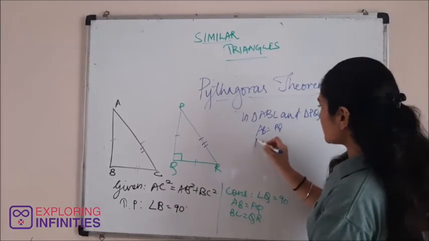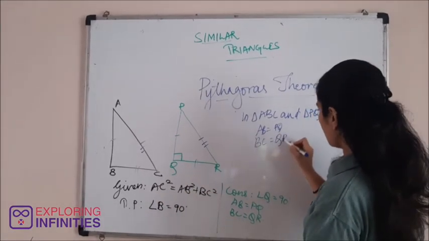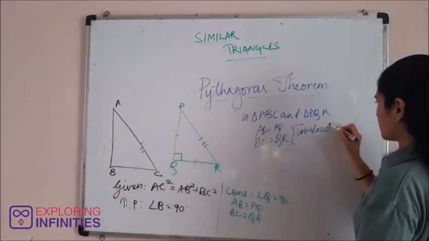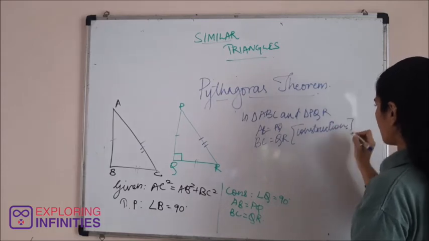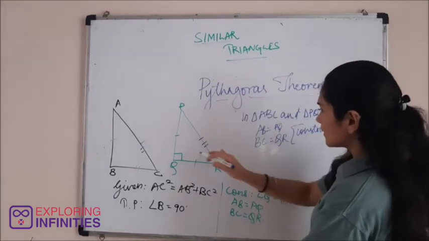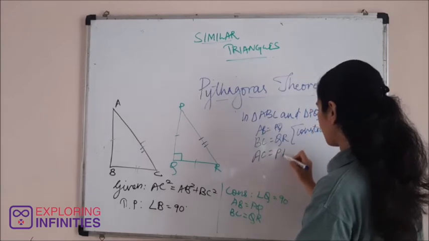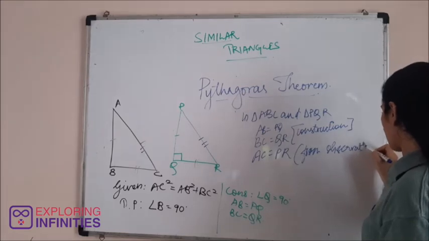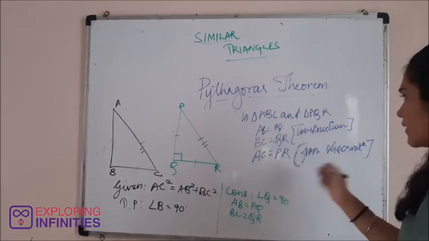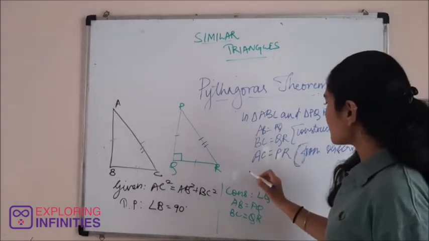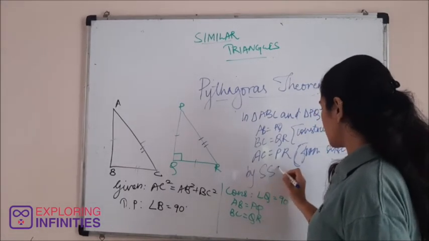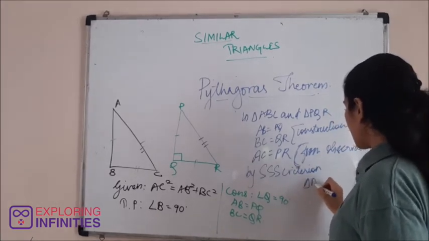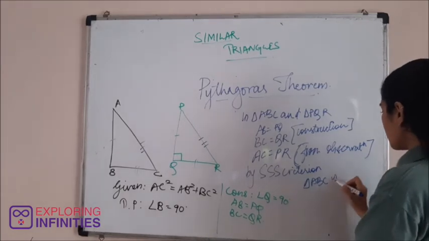We know BC equals QR. Both of these we can prove by the construction. And we just found out that AC is equal to PR from equation 1. So by the SSS criterion, triangle ABC is congruent to triangle PQR.